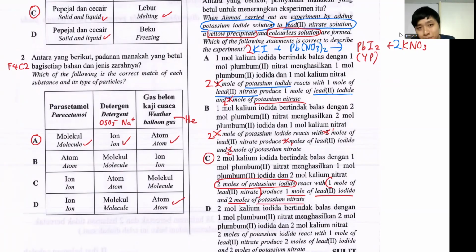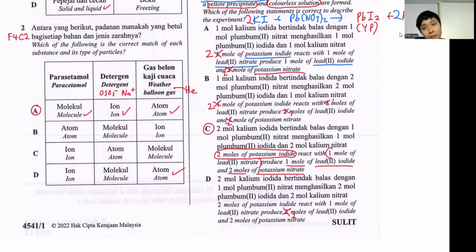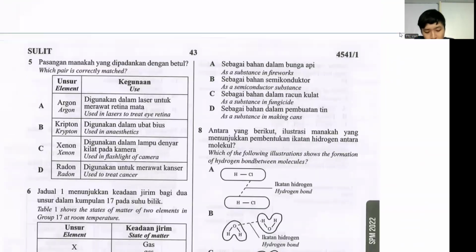That's it. And D is wrong in the lead(II) iodide: 2 moles, supposed to be 1. This one is just about writing the equation, balancing, and reading through the sentence with words.